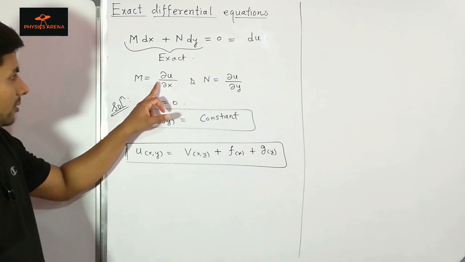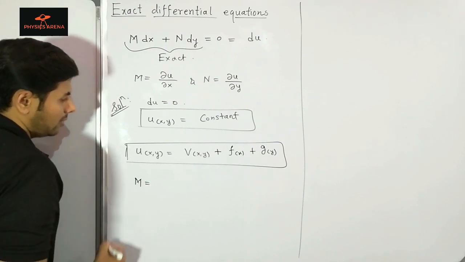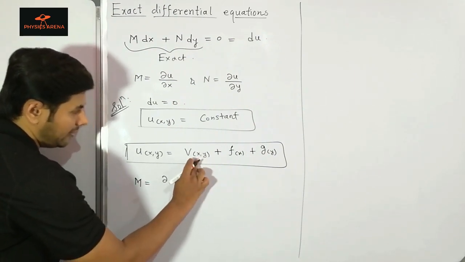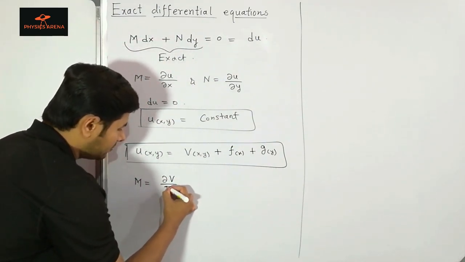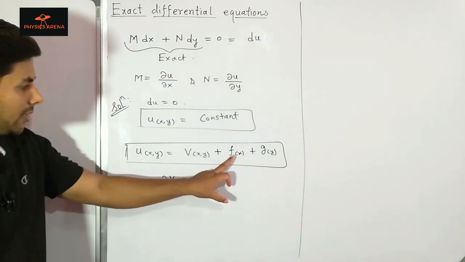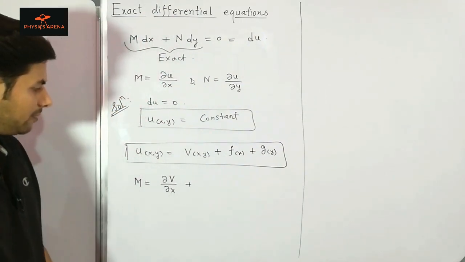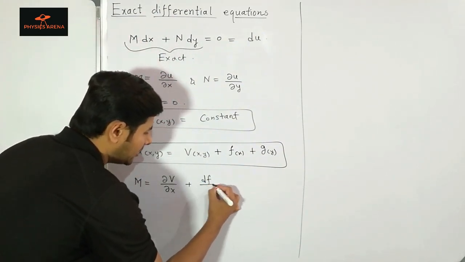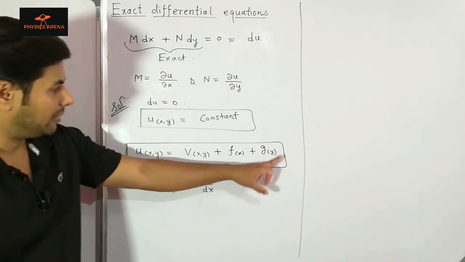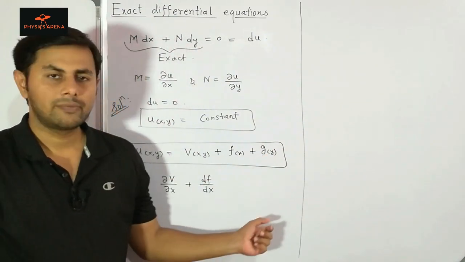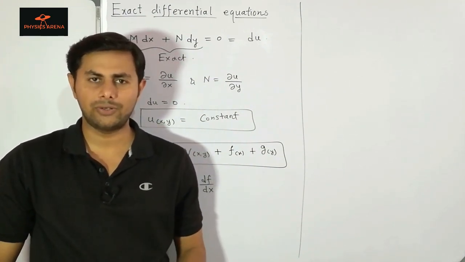Now m equals the derivative of u with respect to x, so m should be equal to the partial derivative of v with respect to x, plus the derivative of f, and it's a function of x only, so its derivative with respect to x is going to be the same, df by dx, plus the derivative of g, but g is a function of y, and that's why its derivative with respect to x is going to be 0.